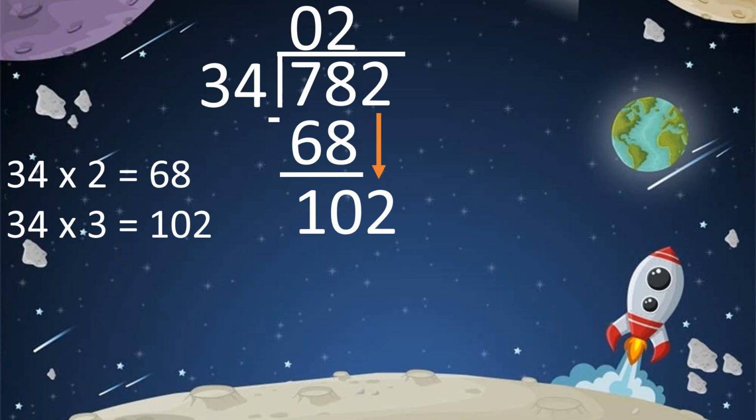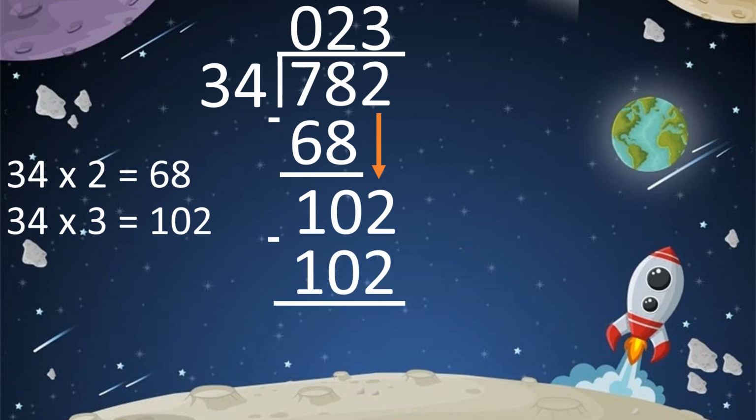So we would put 3 at the top. Then we would write 102 underneath and we would subtract it. That would give us 0. So now we know that 782 divided by 34 is 23.